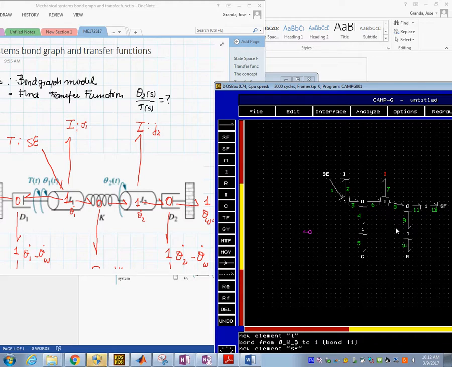And then we have, is that right? Yeah, we still don't have that yet, but this is going to be like this. Okay, and then we have a one junction here, and then we have another element in there.